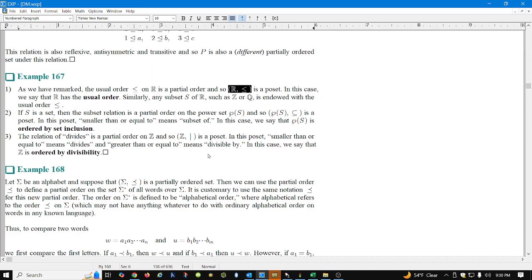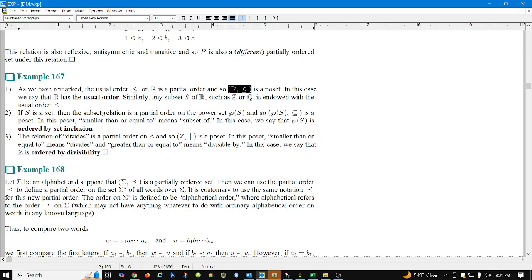Any subset of R, such as the integers or the rational numbers, or in fact any subset, inherits the same order structure. That's one of the nice things about order. Subsets automatically inherit the order relation. It's automatically a partial order on the subset. Okay.